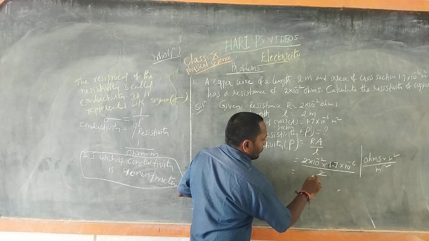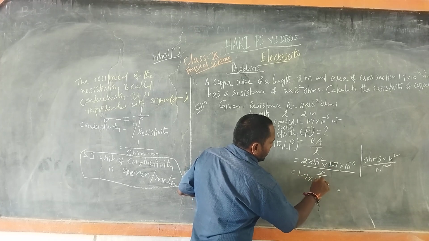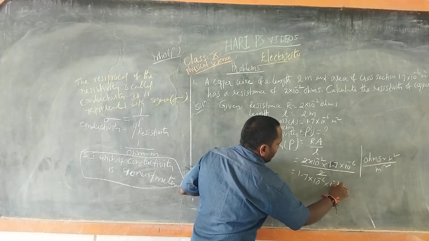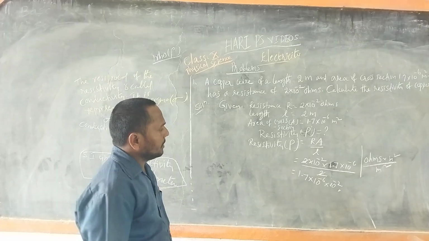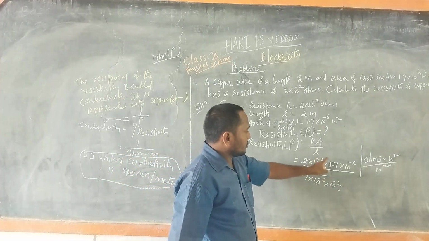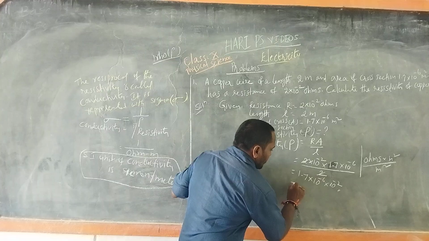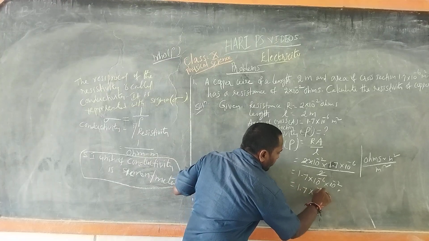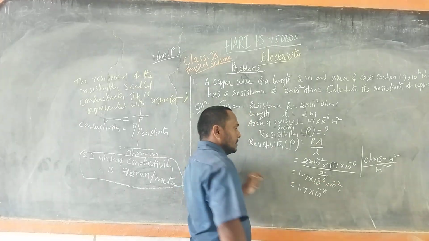The remaining we have 1.7 into 10 power minus 2 into 10 power minus 6. So this should be written as 1.7 into 10 power minus 8, since minus 6 plus minus 2.